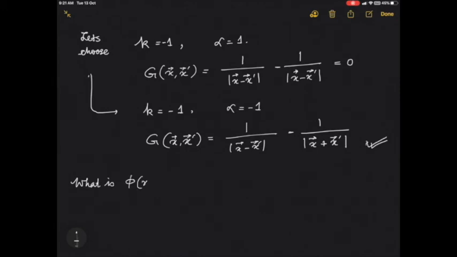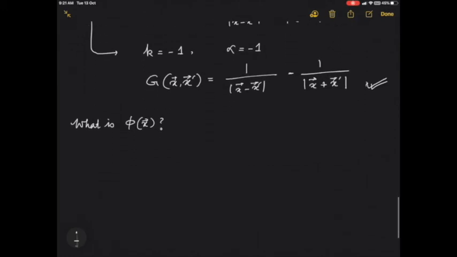So what is phi? Now it is trivial to get what is phi. Just put it inside our phi generating machine, which is a couple of integrals.